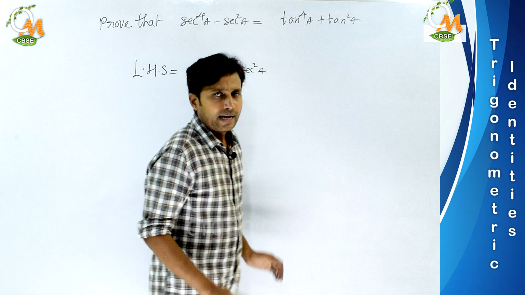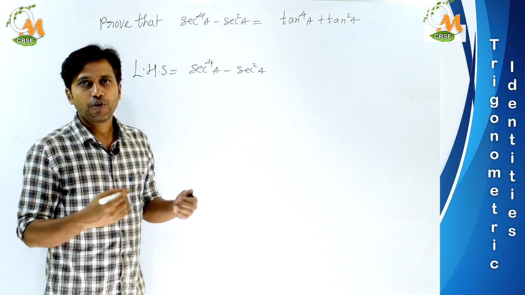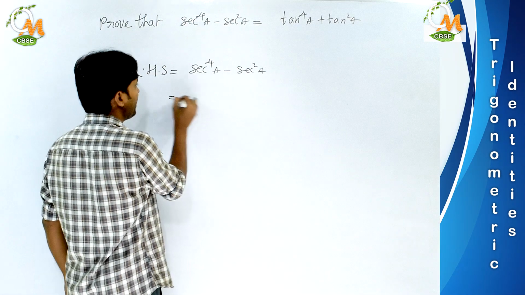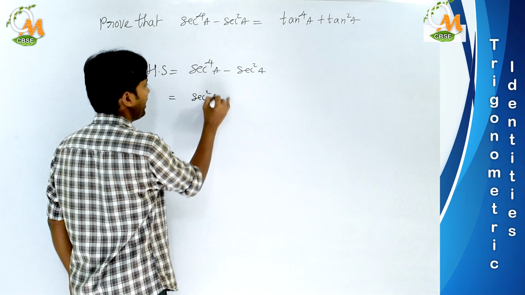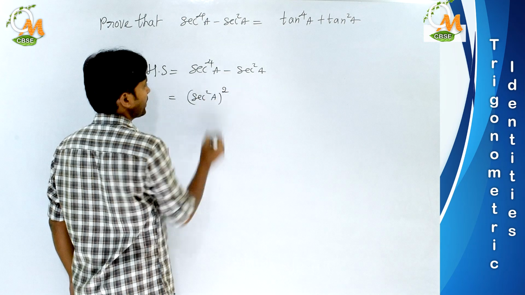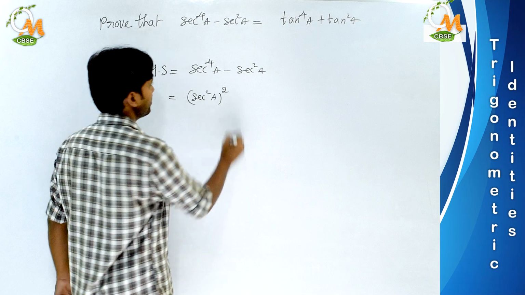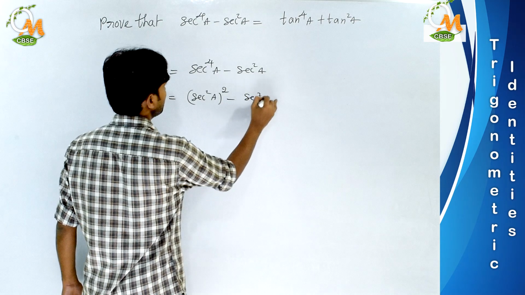Now, for my convenience, I am going to write secant power 4a as secant square a whole square. Can we write it like this or not? Yes. Minus secant square a.